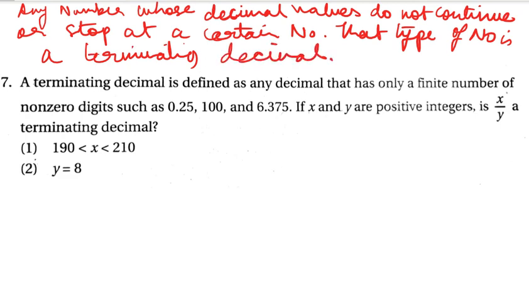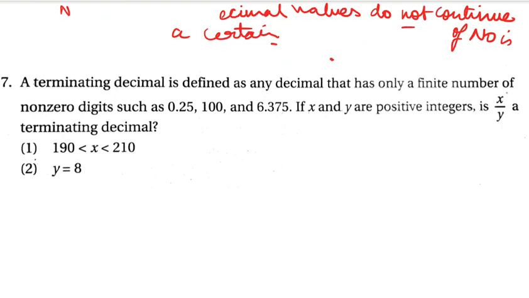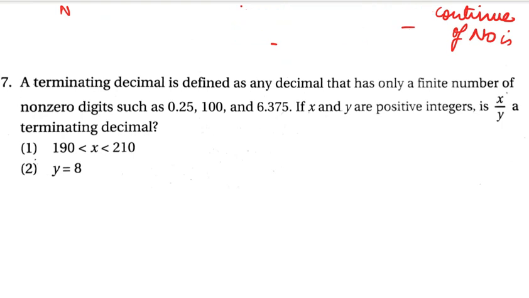But this is a very vague definition. Okay, I'm not happy with the definition, because this type of definition is only for small junior classes. I will give you a definition which is even better than this. So let's rub off this definition. I don't want it, because this definition is for junior classes. Okay, so you can write the definition, no problem, just to help you understand in a simple short way. But this is what a terminating decimal is.